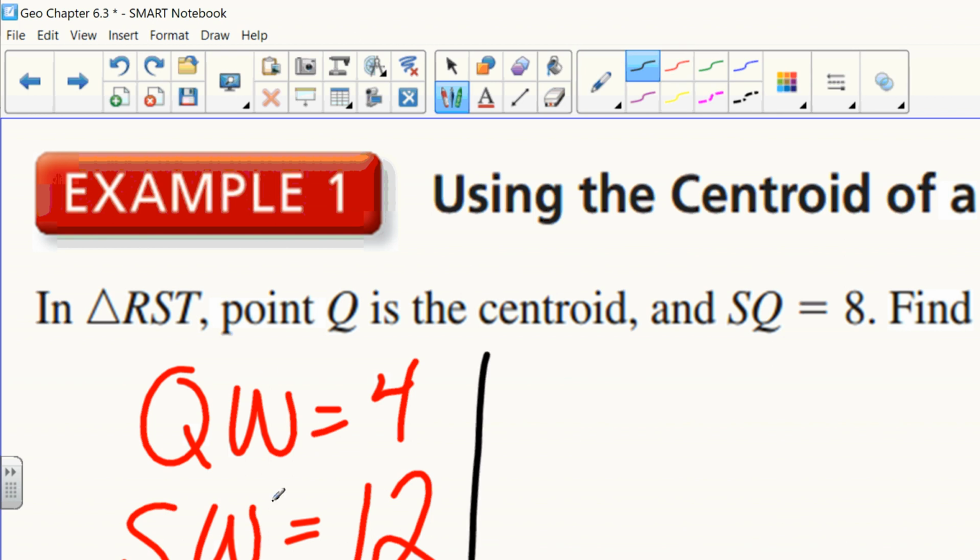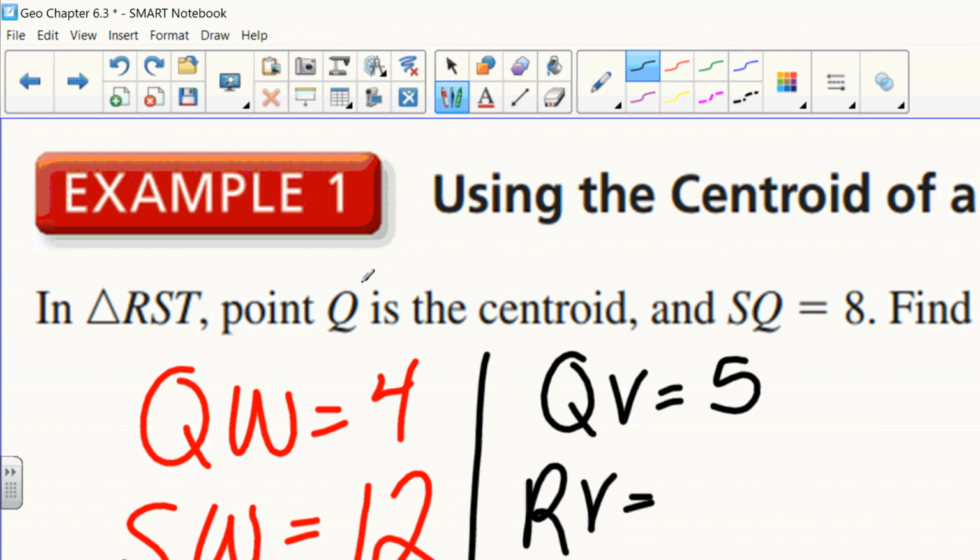Now, it did give us the other lengths. What would the distance from Q to V be? 5, because the bigger is 10. That's RV. Then we add the two together to get 15.